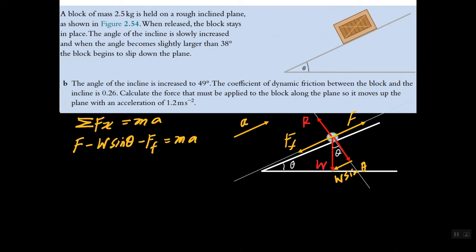The Y component of the weight equals W cosine theta, as it is adjacent. As the object is accelerating along the slope, the resultant force in Y component equals 0. The object is not moving vertically up or down. That means R equals W cosine theta.